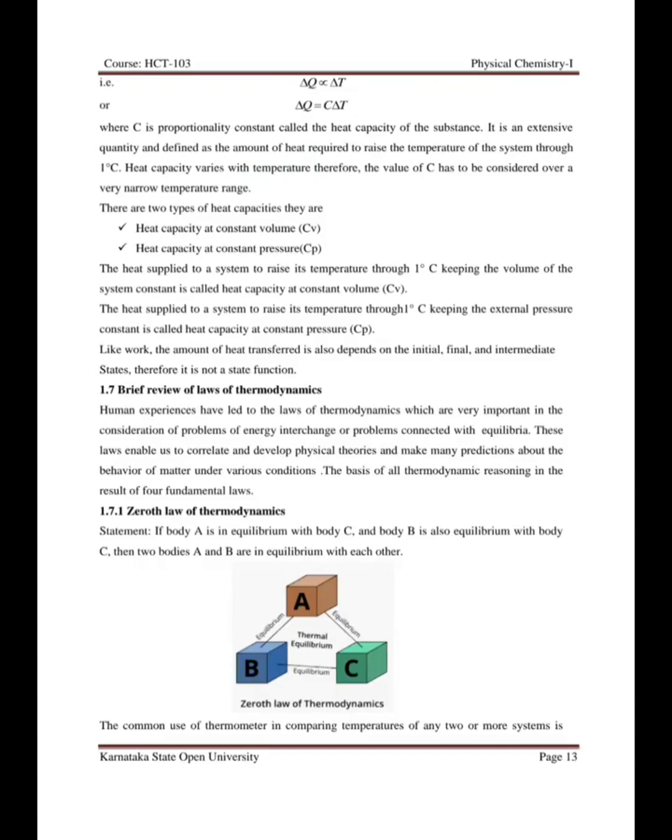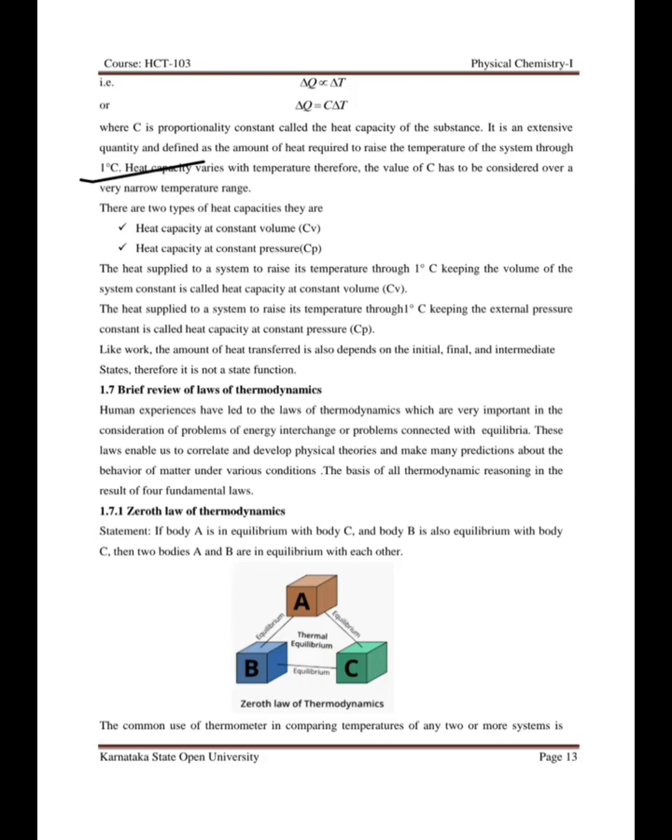Heat capacity varies with respect to temperature, therefore the value is also considered narrow. For 1 degree centigrade, as the temperature increases, the heat capacity of the system also varies. So this is with respect to heat capacity.